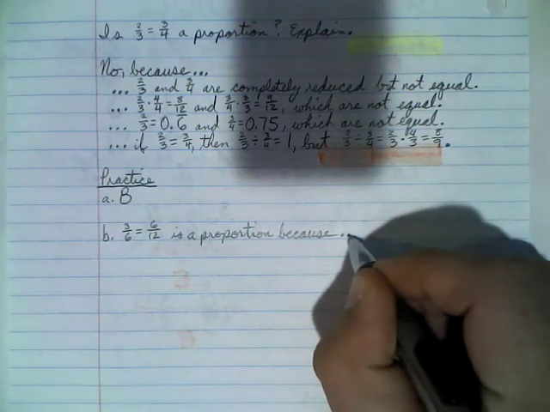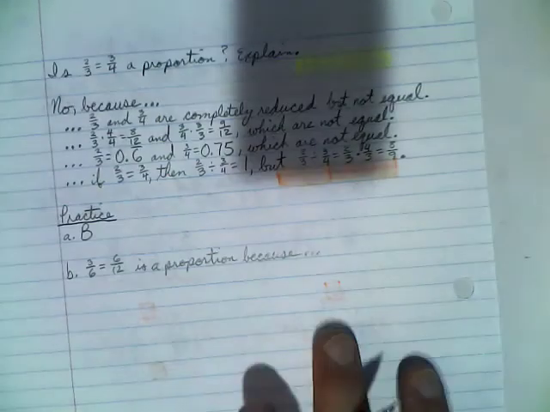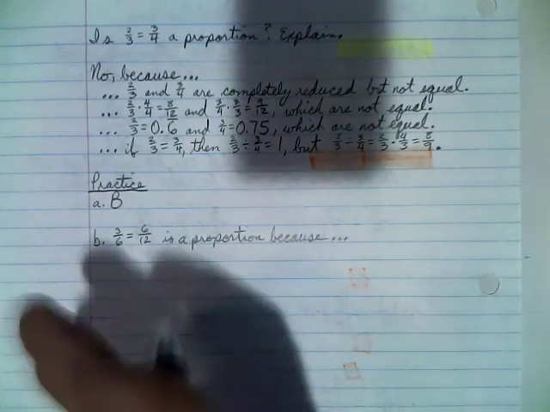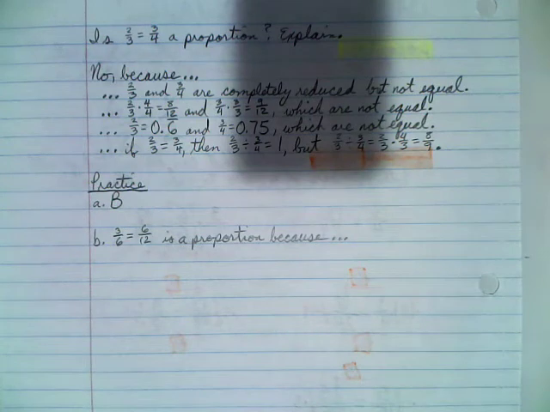Now I'm going to put an ellipsis here, and we could answer similar to what we had up top, but this time we're saying yes. So we could say something about what they reduce to.